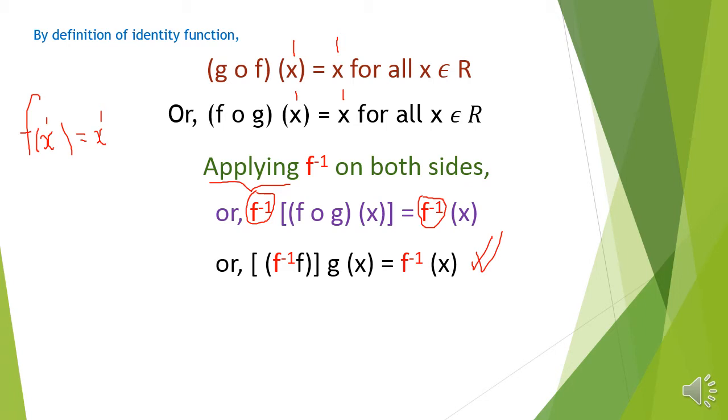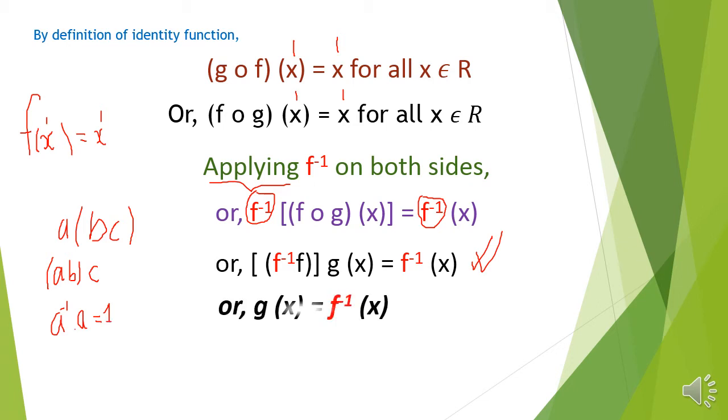What we did is, if there is A and a bracket B and C, then we can write AB in a bracket, and then C. Exactly the same we did here also. Now what will be the value of A inverse and A? It will be 1, isn't it? It's identity. So f inverse f is also identity.